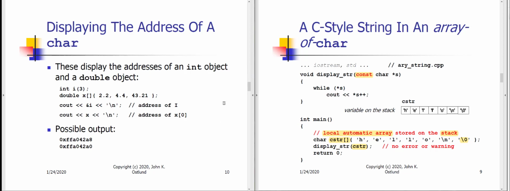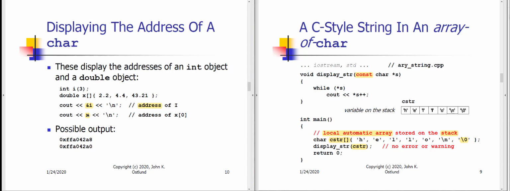Okay, now going on to slide 10, we have seen that when you ask for the address of something like an int or a double, what you will get displayed by cout is typically a hexadecimal address of that object. All right, so i here is an int that is initialized with the value 3. x is an array of doubles initialized to contain 3 elements: 2.2, 4.4, 43.21.